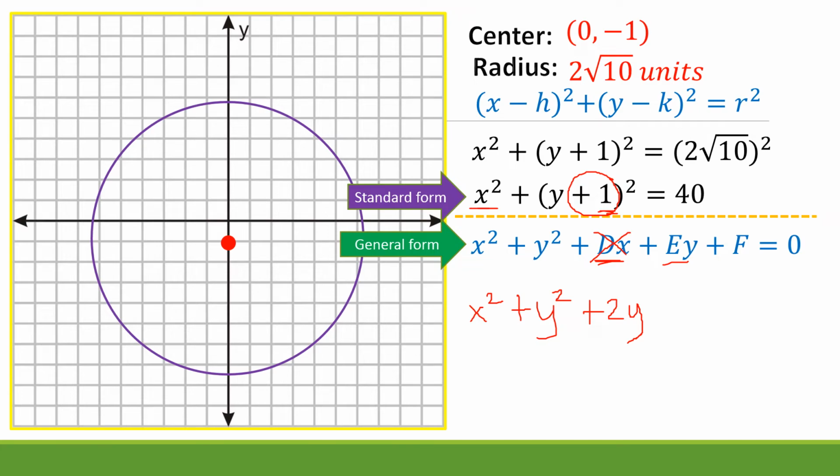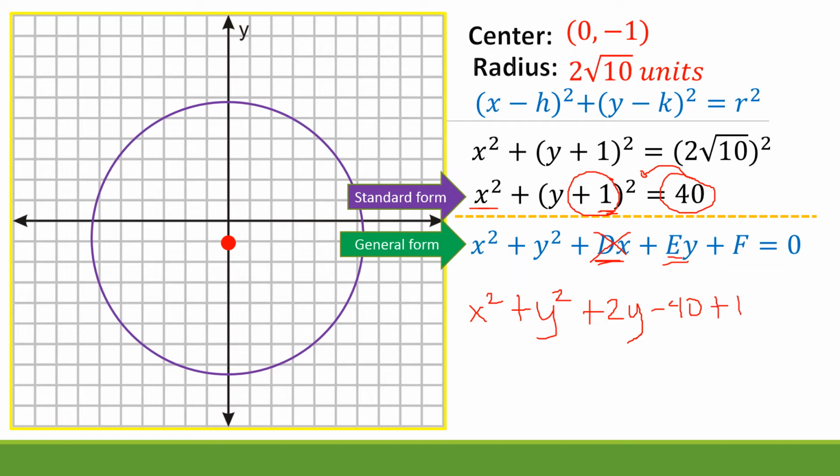Next, let us deal with the constant. First, we transpose our constant term on the right side to the left side. So +40 becomes -40. Then we add the square of the constant term that we have. On our x, we don't have a constant term, so we are not going to add one from x, but we are going to add the constant term from y. So 1 times 1, multiplying it to itself, gives us 1.